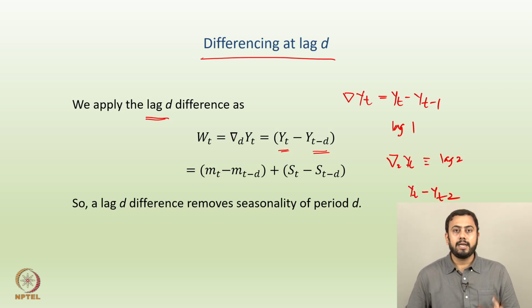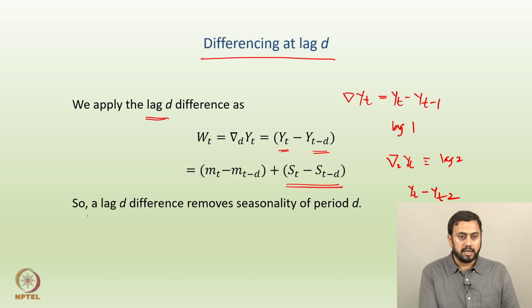So, in general, what do you mean by lag d difference? You are taking a difference between yt and its dth lag, so yt minus yt-d. Let us see what would happen if you take a lag d difference of the classical decomposition model that we saw earlier. You will have mt minus mt-d plus the difference between the stationary versions. A lag d difference completely removes the seasonality aspect.